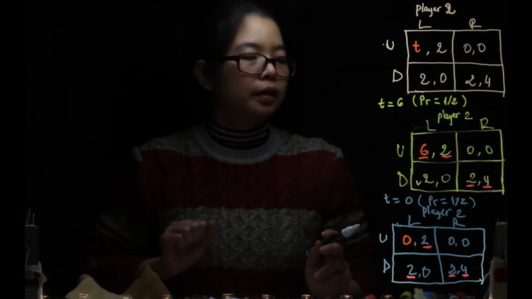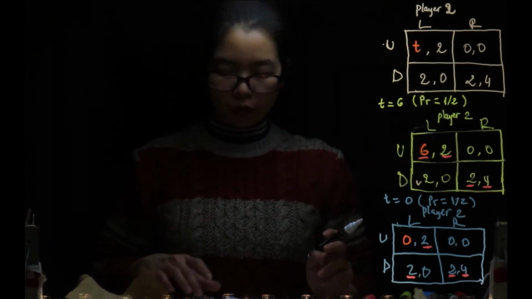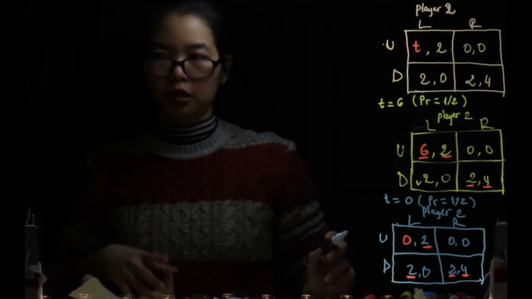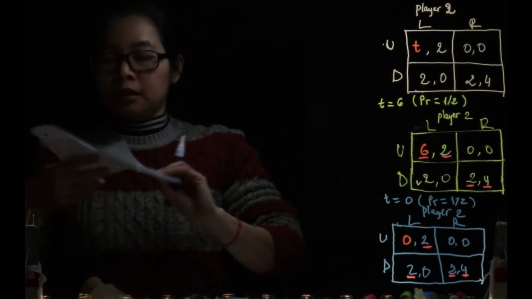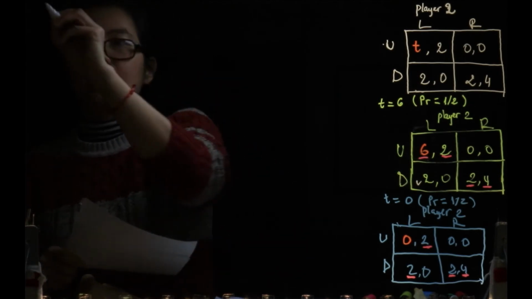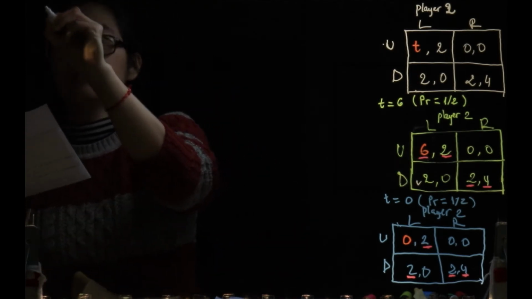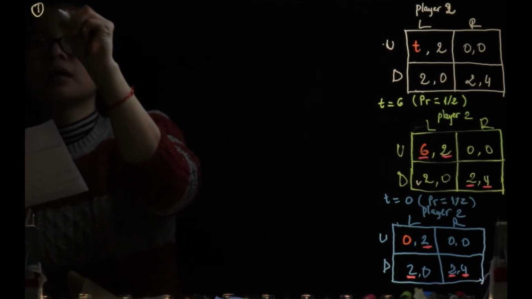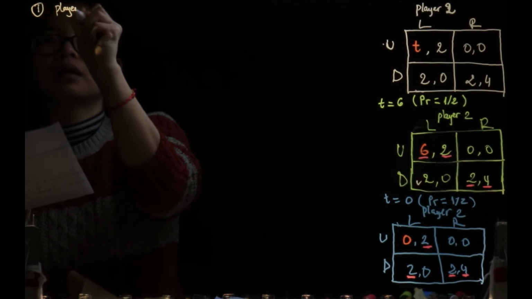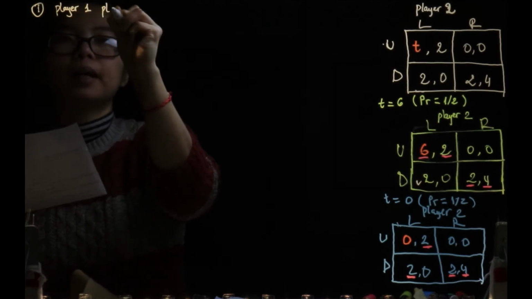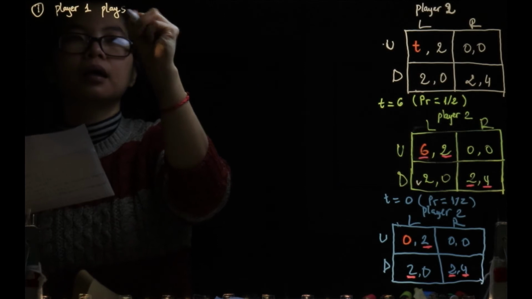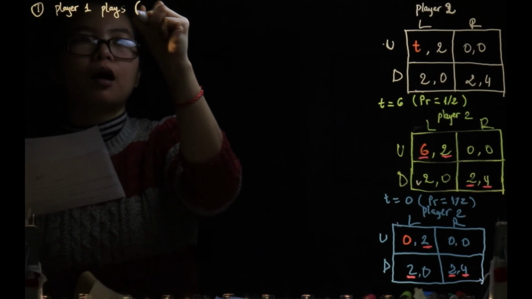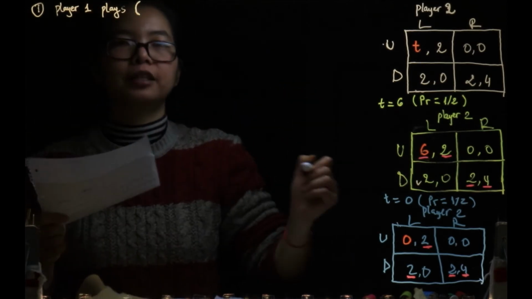Okay, now let's check if the two candidates we just found are Bayesian-Nash equilibria or not. How to do that will be a little bit complicated. Again, take a deep breath. So the first candidate was: player 1 plays, because his strategy is conditional on his type, it always has two parts.